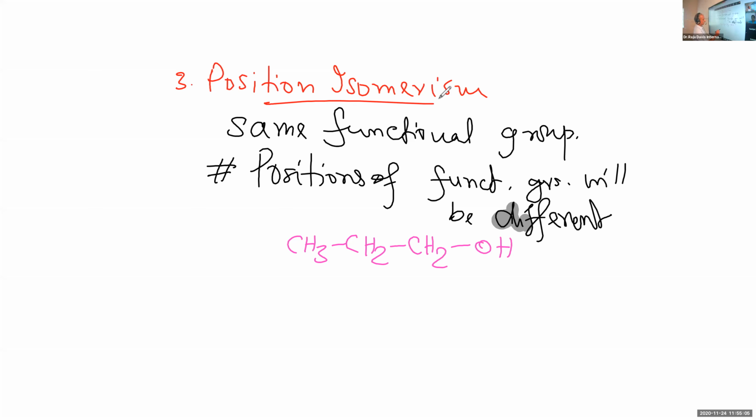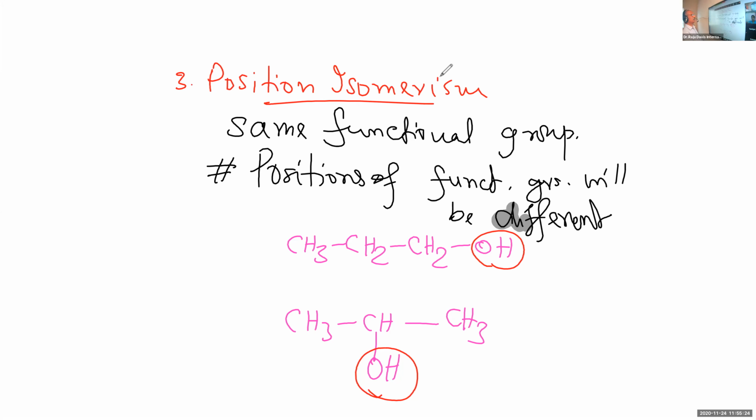You take another compound, CH3CHOHCH3. Same molecular formula, same functional group also. So same molecular formula, same functional groups, but the positions of the functional groups will be different.